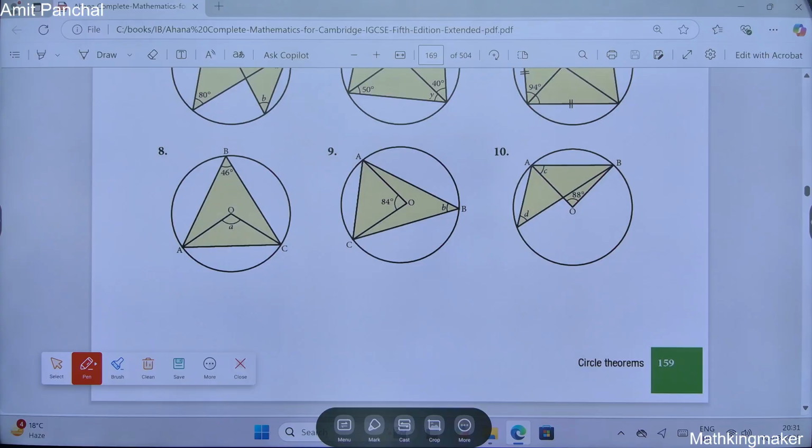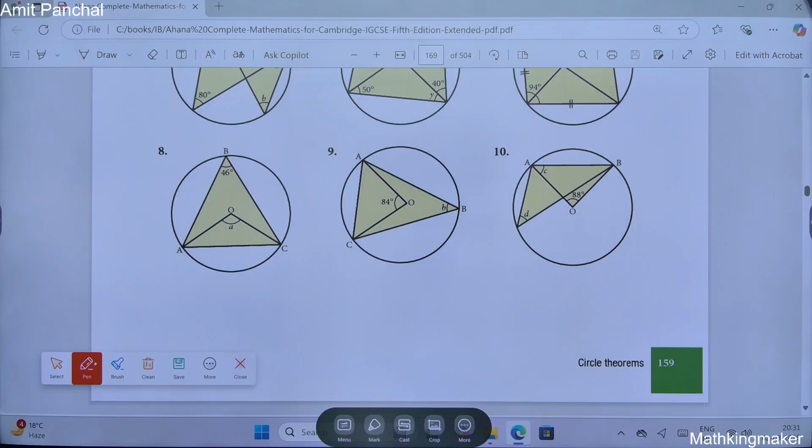How much will C be? Yeah, right. No, no. D was 44.